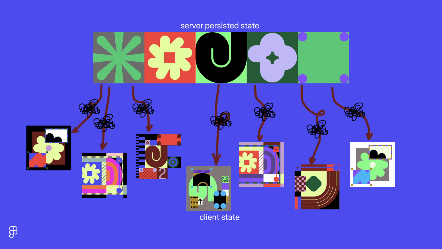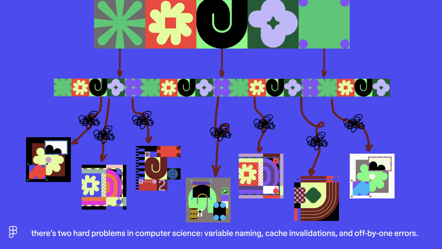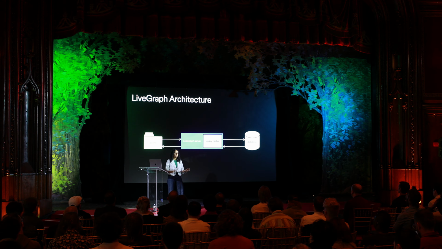And thanks Figma designers for these lovely illustrations I didn't make. But this is still not complete because at our scale, you can't serve data directly from the database. You need to throw a cache in between. So yeah, this is a difficult problem, and LiveGraph's architecture today looks something like this.